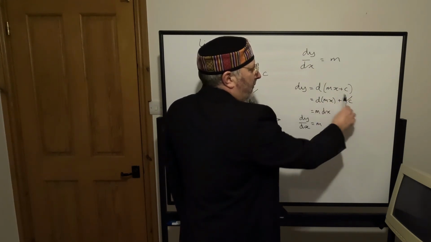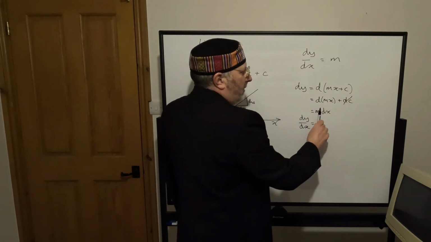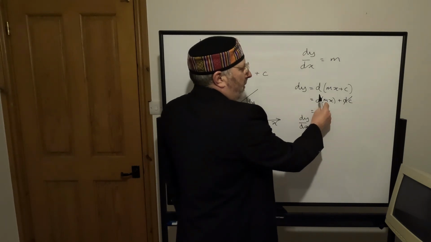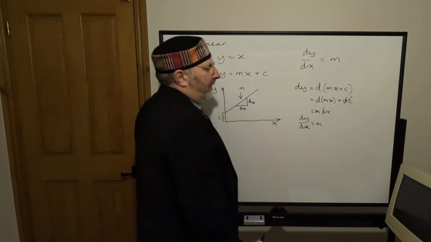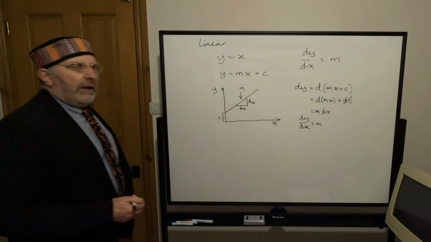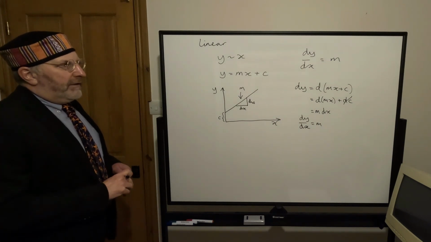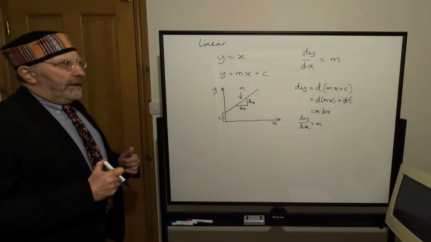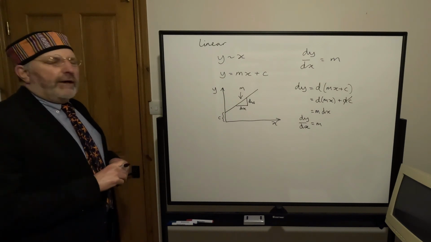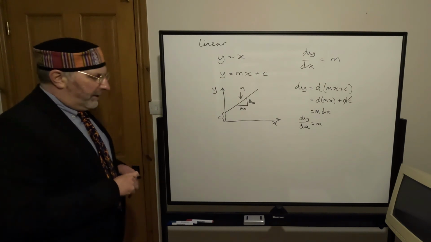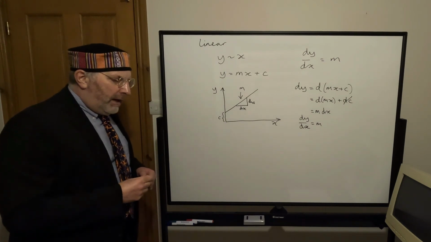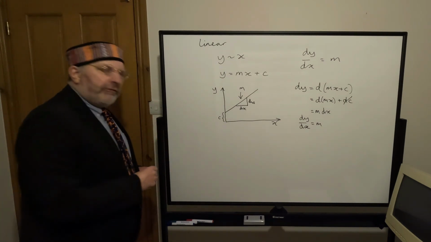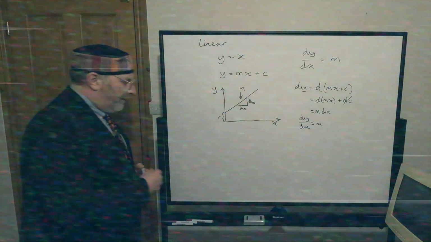We can just apply it to the parts of the expression that are added together, and when it's multiplied, we can just take the constant out to the front, leaving us m dx. So there's a couple of rules for dealing with differentials, and as I say, we will be using these ideas of differentials in some of the theories we will look at. So that's linear relationships. Now we'll move on to the next one.